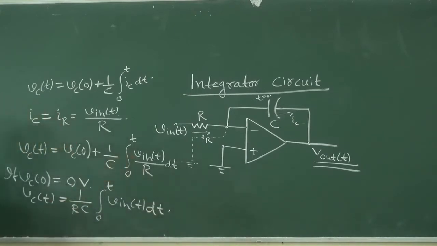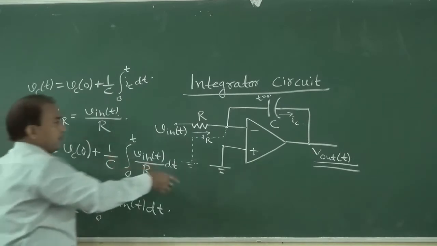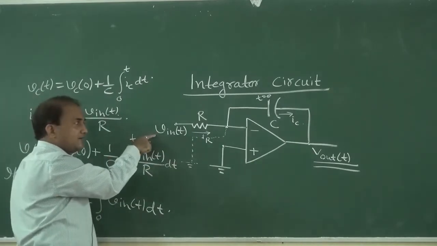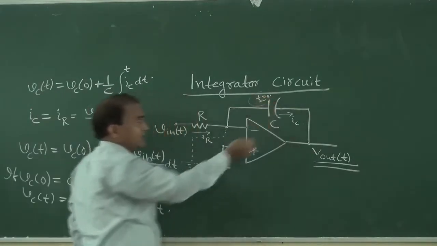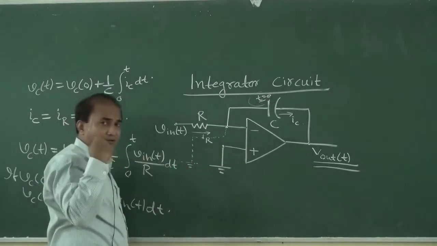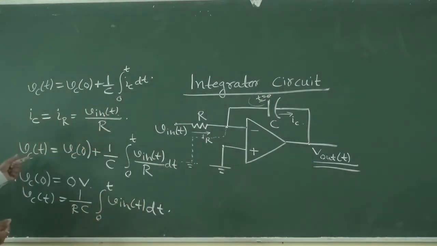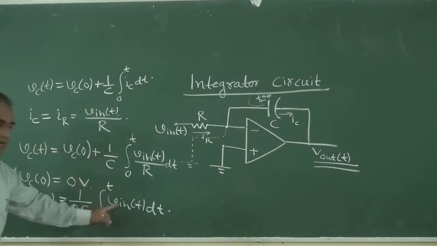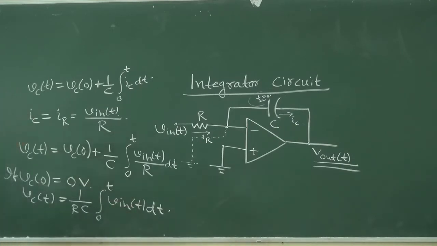If VC0 is equal to 0 volt, before giving this input voltage, then VC of t is 1 by RC integral of 0 to t V in of t dt.